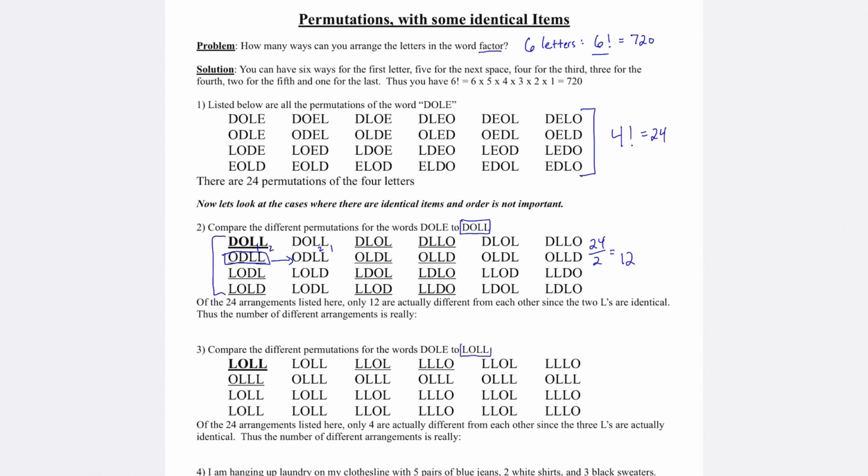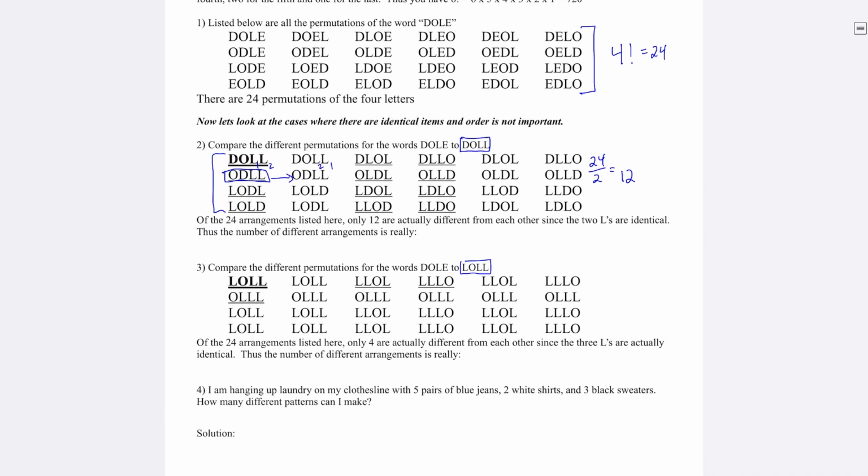Okay, next, what about the word loll, L-O-L-L? Again, when you look at these permutations, there are going to be situations where we're counting the same word twice. So the word L-O-L-L, where this is L1, L2, and L3, you'll also find it right here with L1, and let's call this L3 and L2.